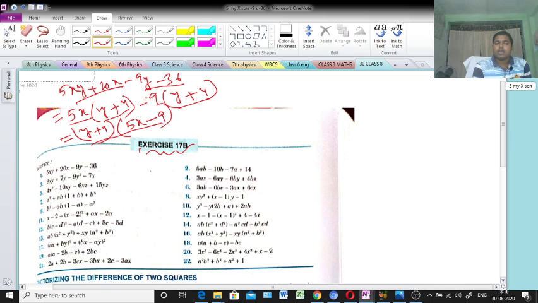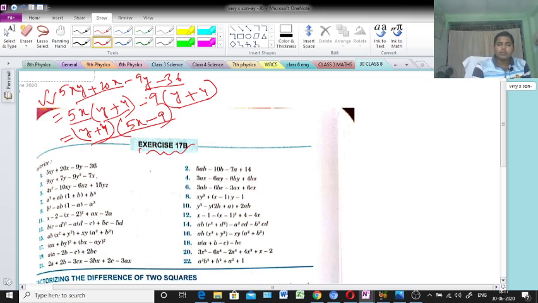So the answer is y plus 4 into 5x minus 9. Clear? Concept clear? You should try it and practice it, because without practice nothing is possible.